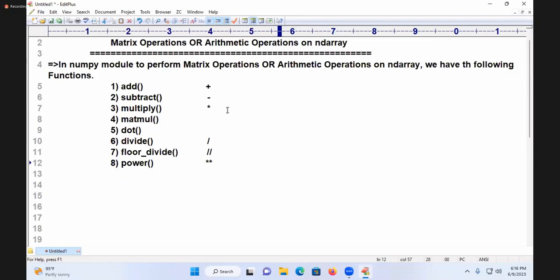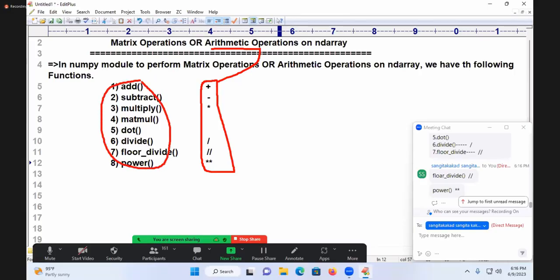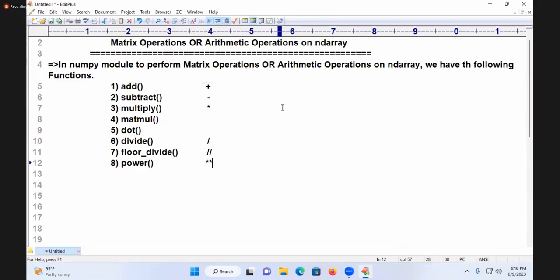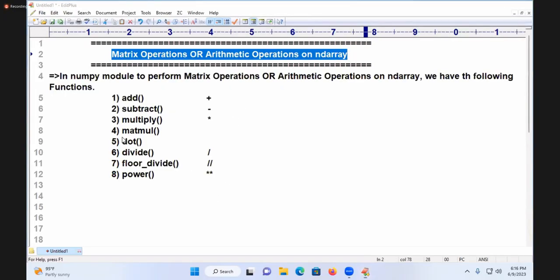This means one way you can do the ND array operations is by using arithmetic operators, which relate to matrix operations. That is today's concept. So let me start this kind of operation, and after that I'll go for the other thing.